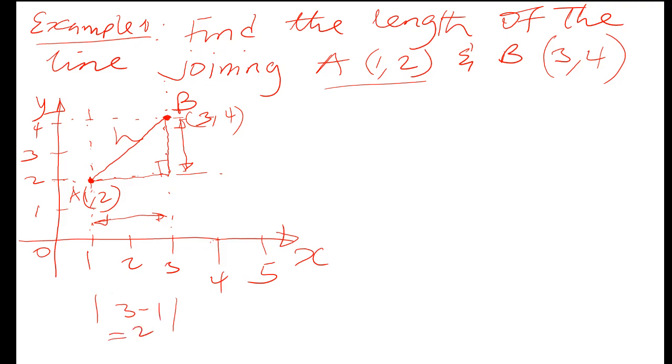Let me write properly. Chinthu chathu chili kuchoka apa kudzafika apa. Demonstration purposes. This is 3, that 3 minus 1, which is equal to 2. Okay, which means this base is 2.